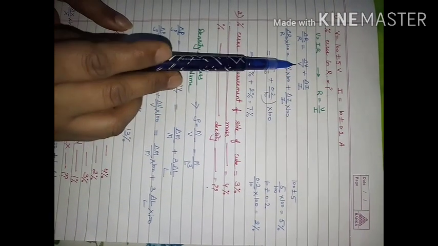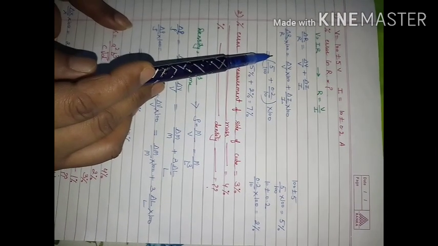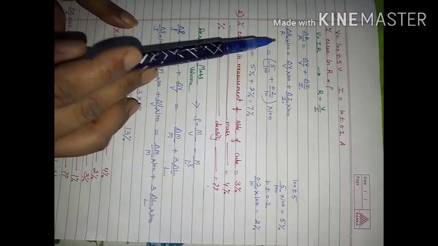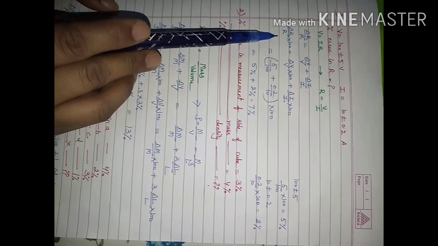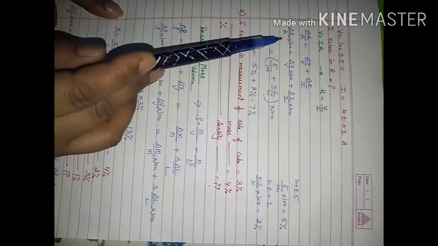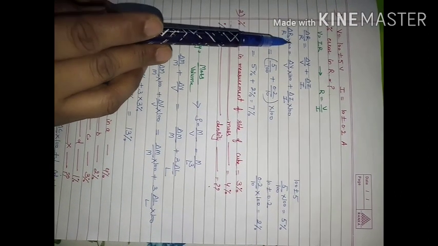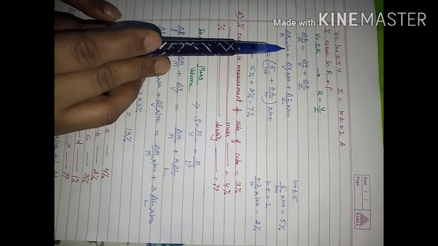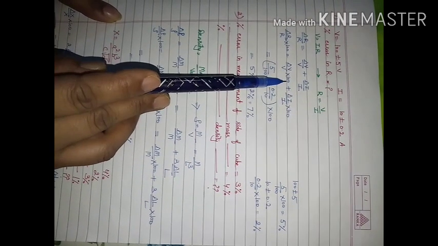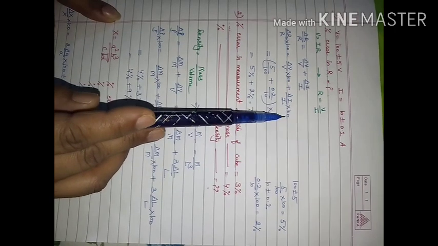Again repeating, whenever we are solving questions like this in product or in quotient, we will deal with fractional error or relative error and percentage error. So delta R upon R into 100 will be delta V upon V into 100 plus delta I upon I into 100.